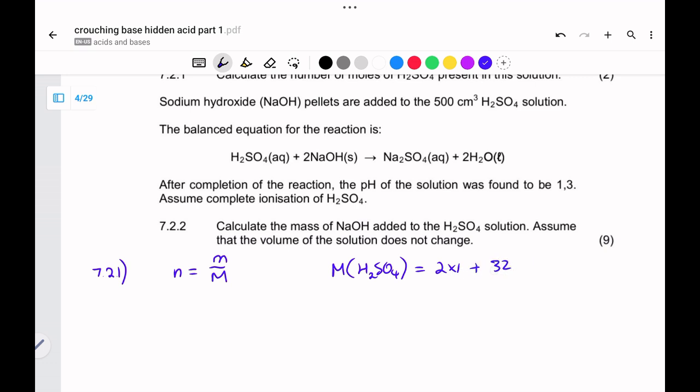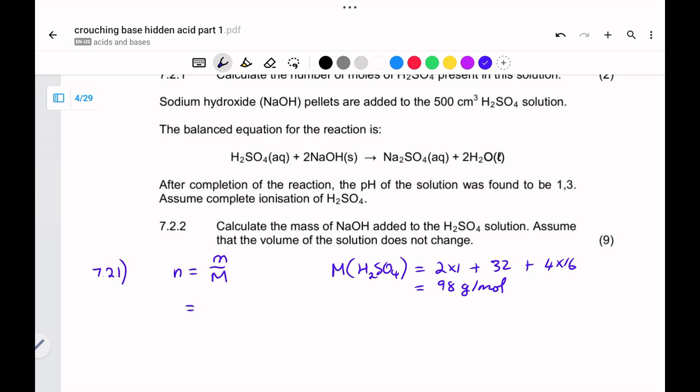We have a 32 for the sulfur. We have 4 by 16 for the oxygens. And if you plug this into your calculator, you will get 98 grams per mole.